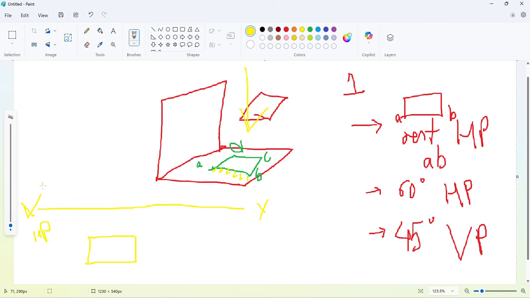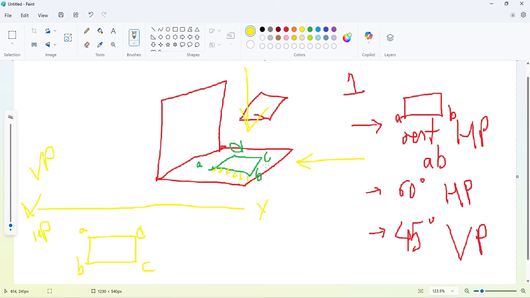This is HP just below the XY line, and this is VP. So in the top view, a rectangle will appear. Suppose this is A, B, C, and D. This is our top view. If we have to draw the projection from the front, we have to take this side.